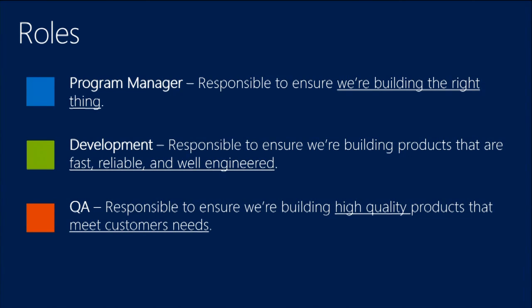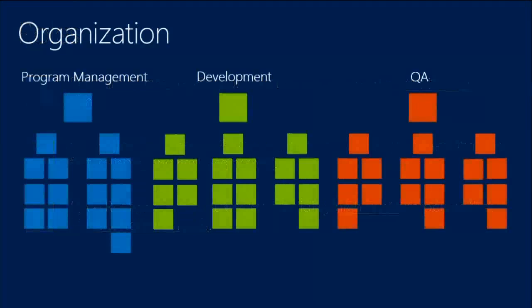These 3 roles are pervasive throughout all of Microsoft, and they're on equal footing. There is not one that's over the other. Even at the upper management levels, if you go up to the director or VP levels, there's a VP of QA, Dev, and PM that are on equal footing all the time.